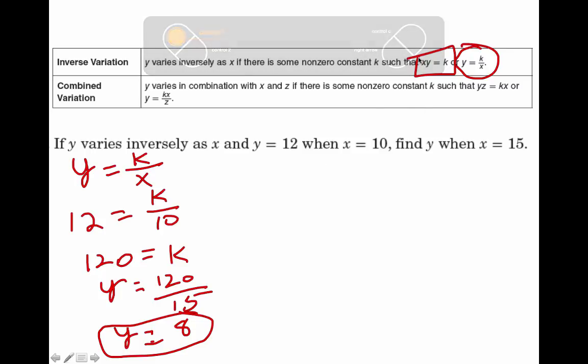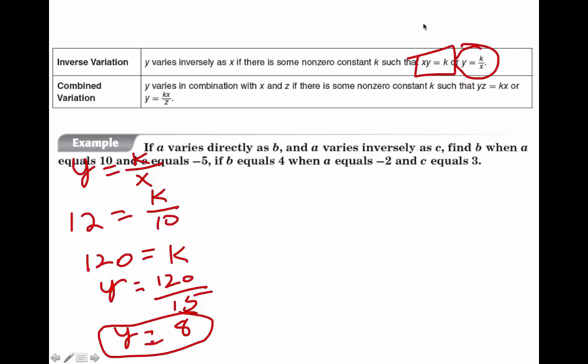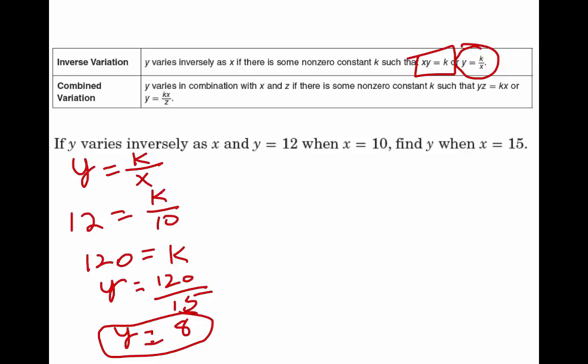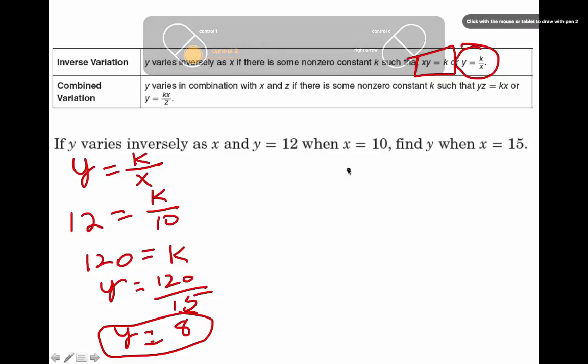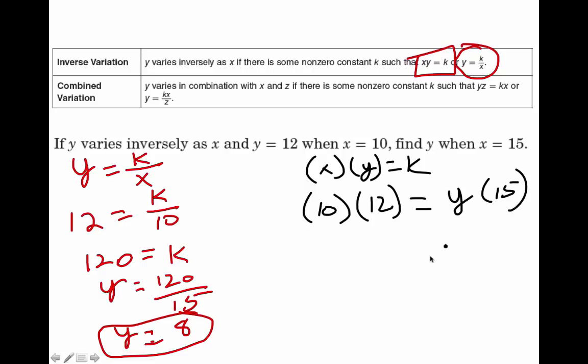Other method, since k equals x times y, I can go, they're both equal to the same k, so I can go 10 times 12 equals y times 15.